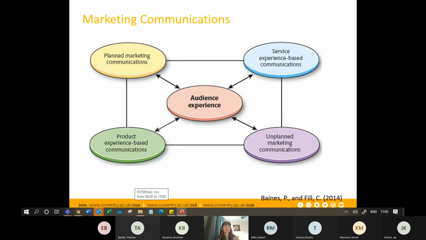So there are other ones that are seen as more contemporary now, because the sender receiver model is almost like if we were marketing, maybe 15 or 20 years ago, before any social media usage, that would be perfect, wouldn't it? Because we'd create an advert and literally just look at what the feedback was.